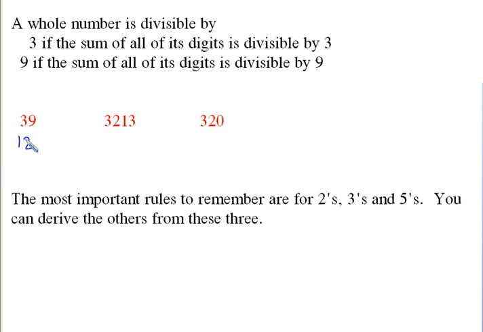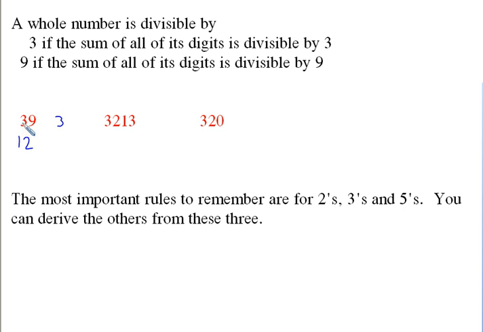Does 3 go evenly into 12? Yes, it does. 3 times 4 is 12. So yes, it is going to be divisible by 3. And this is just the way it works. You just go through a bunch of these problems, and it's fairly easy to figure out once you get these down.